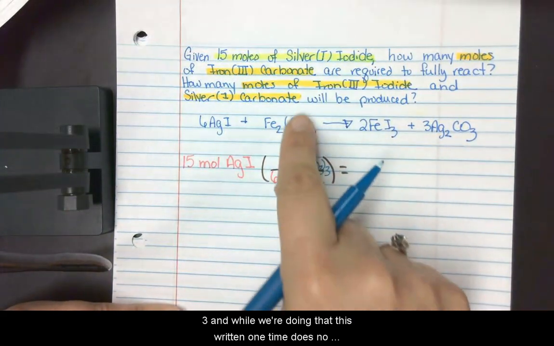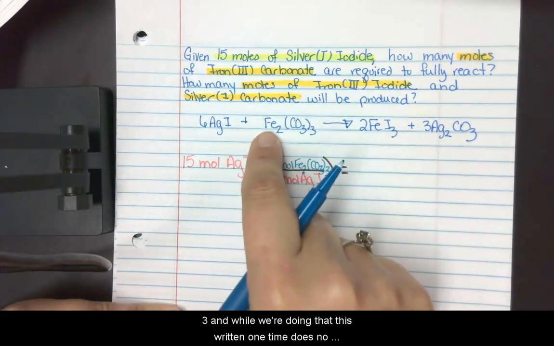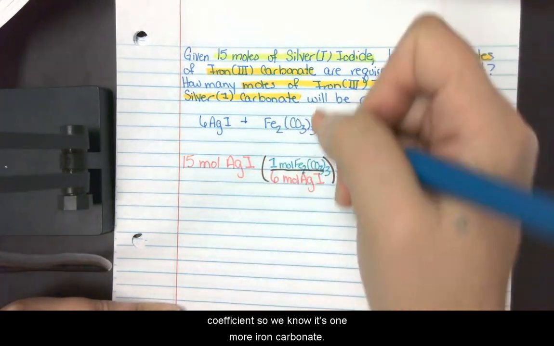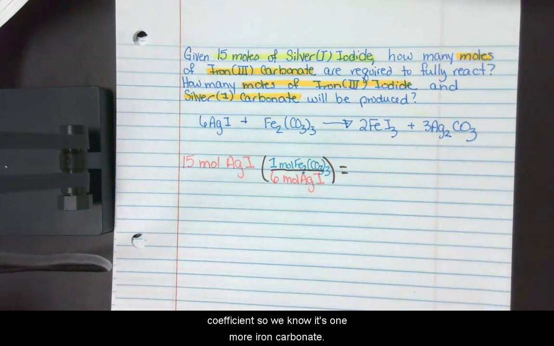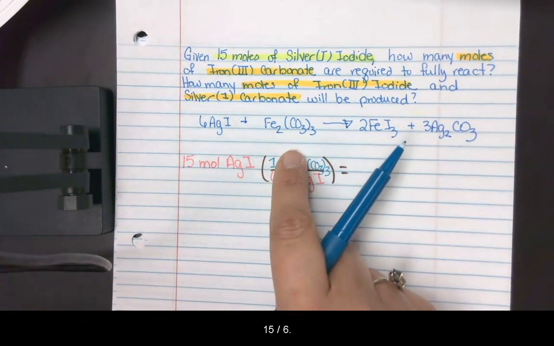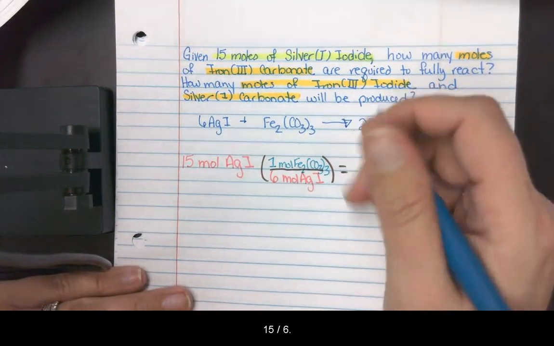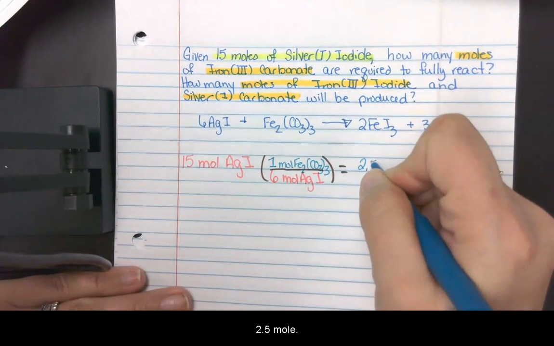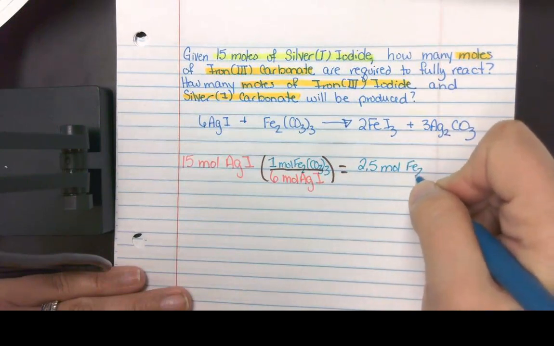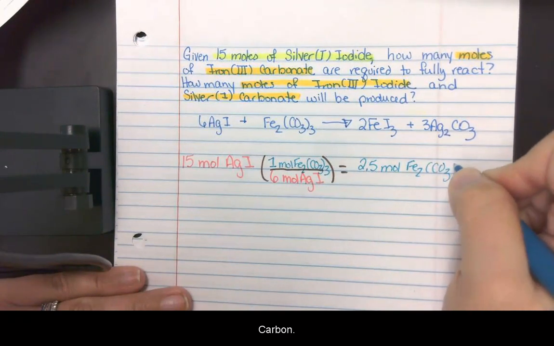While we're doing that, it's written one time, there's no coefficient, so we know it's 1 mole iron carbonate. When there's no coefficient, you assume 1. So 15 times 1 is 15, divided by 6, leaves me with 2.5 mole iron carbonate.